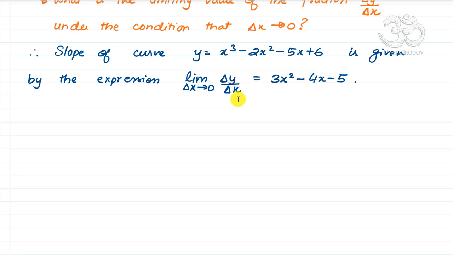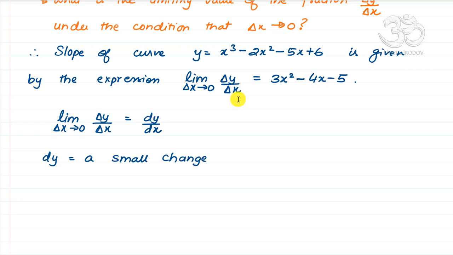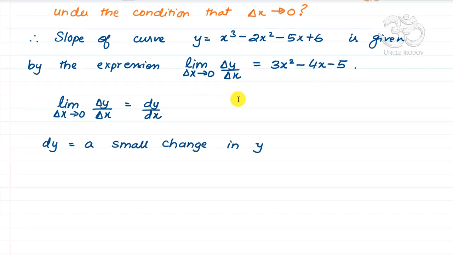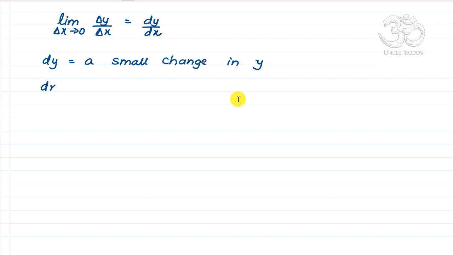We have given this a name: limiting delta x tends to 0, delta y by delta x is dy by dx, where dy is a small change in y and dx is a small change in x.